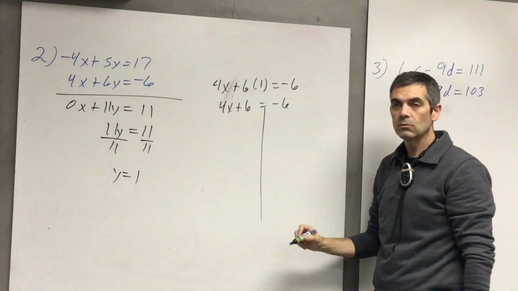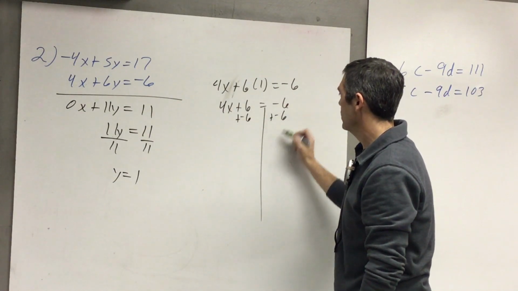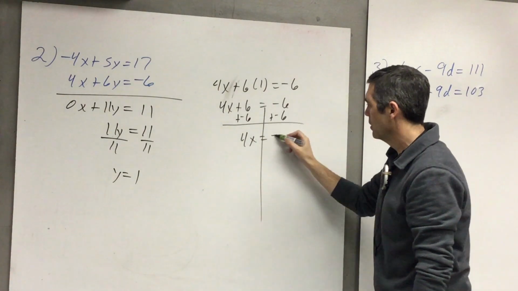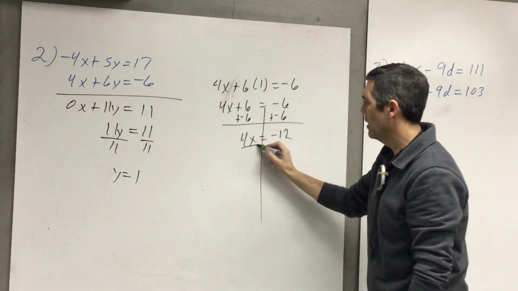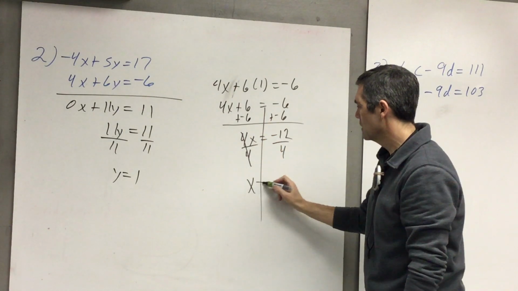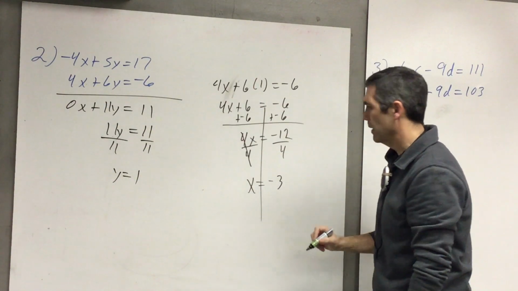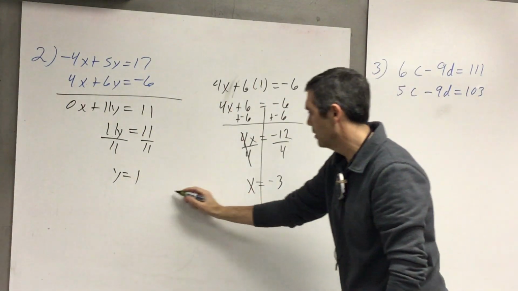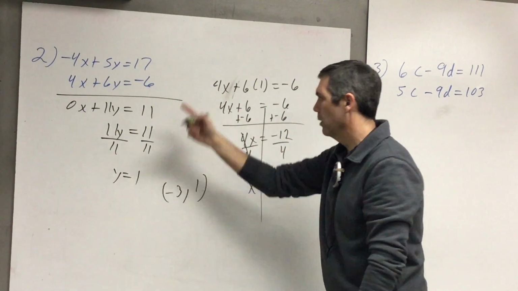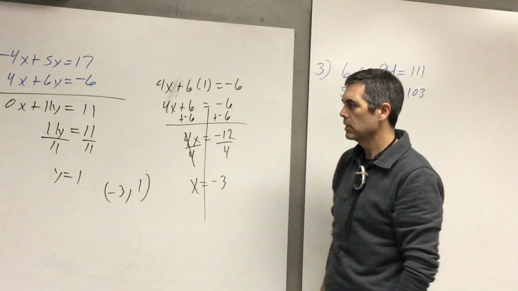Now start moving things away. Add the inverse. 4x equals negative 12, divide by 4, this cancels out, x equals negative 3. So my solution set, negative 3, 1, where both of these lines are true, it's where they intersect. That's what you're looking at.